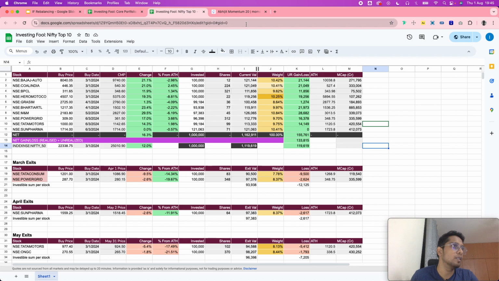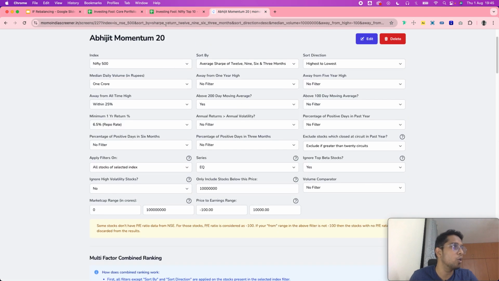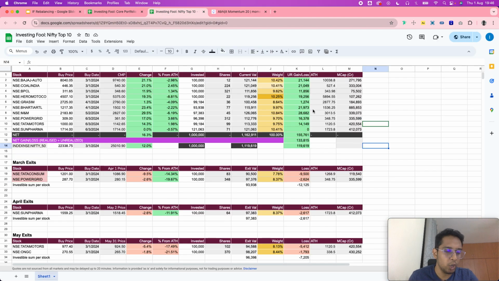There is another screener that I've created on this Momo India screener portal only, which tracks the Nifty top 10 portfolio for me. So this is the change in the Nifty top 10 portfolio. It is going pretty good, I would say, like 4.3% alpha in the topmost 50 stocks. This is kind of lucky because it doesn't happen. It is very difficult to actually find outperformance from the top 50 stocks.